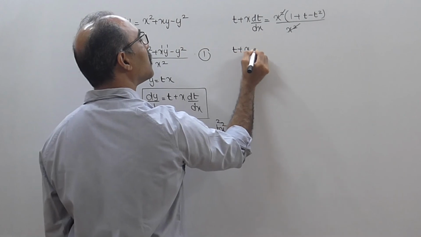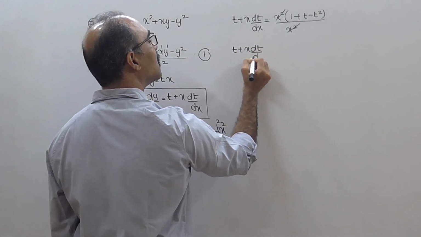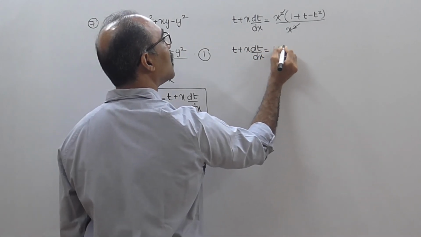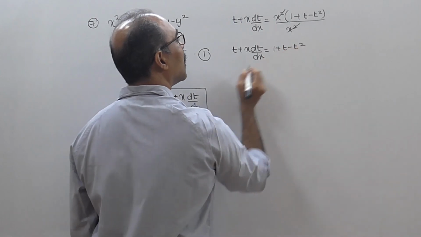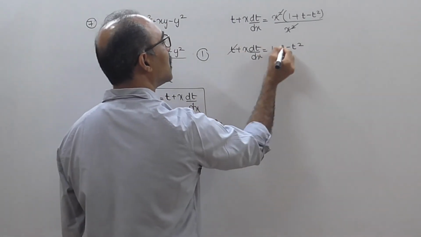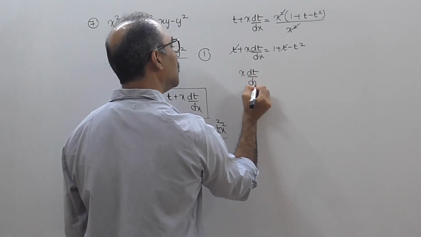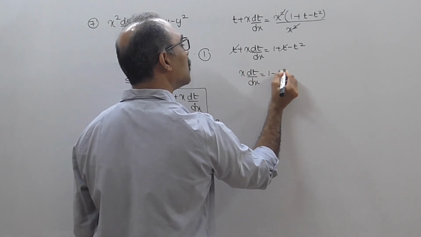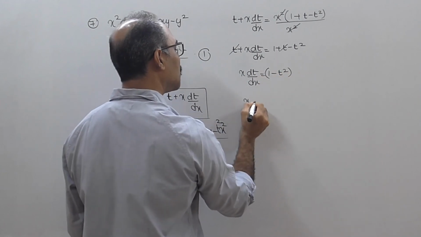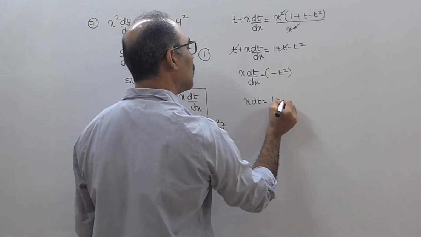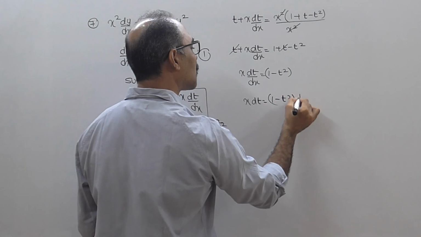We get t plus x dt by dx equal to 1 plus t minus t square. Plus t and plus t will get cancelled on both sides. We get x dt by dx equal to 1 minus t square. So we get x dt equal to 1 minus t square into dx.